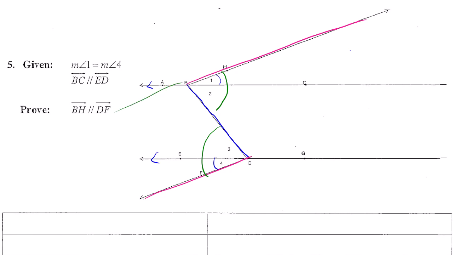We could extend, and use this angle with this angle, but we don't really have relationships going on with those quite yet. We'd have to develop a lot more. So I think this would be the easy way to go, is try to figure out how this and this relate, and how that helps us prove that the lines are parallel. So we're probably going to use one of the converses, right? Converse of alternate interior, converse of alternate exterior, converse of same side interior, converse of corresponding angles.